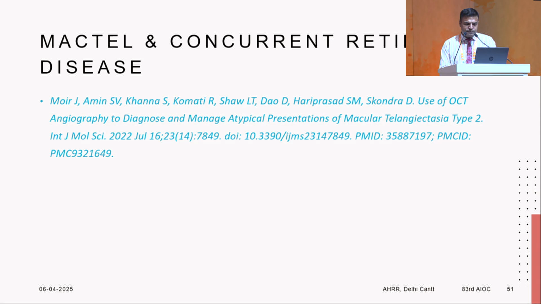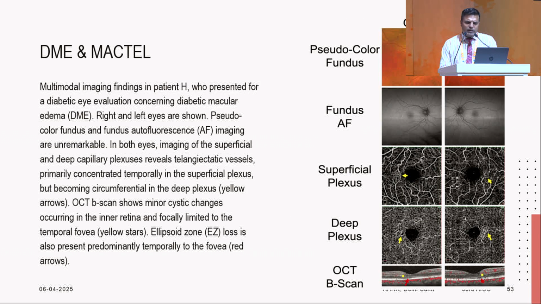MACTEL can be present with concurrent retinal disease, and that is where the importance of OCT angiography kicks in. So in case of diabetic macular edema, if you are having a concurrent macular telangiectasia, even after multiple sessions of anti-VEGF or steroids, you will still continue to find cavitation areas and may unnecessarily treat them.